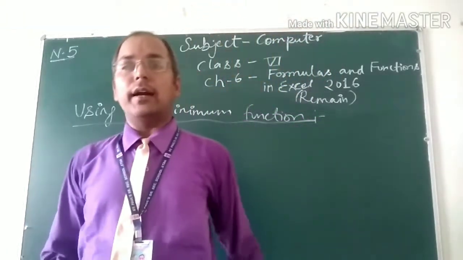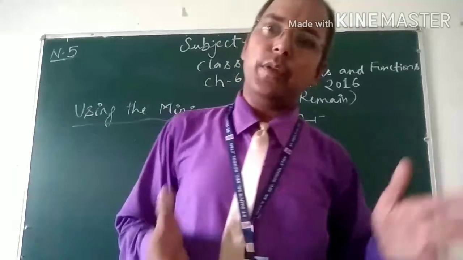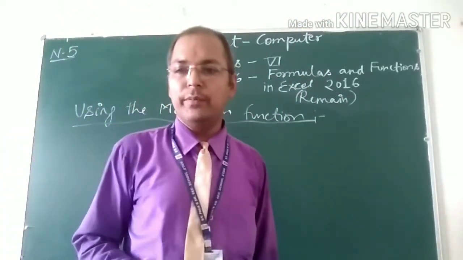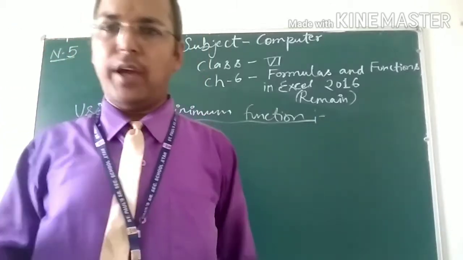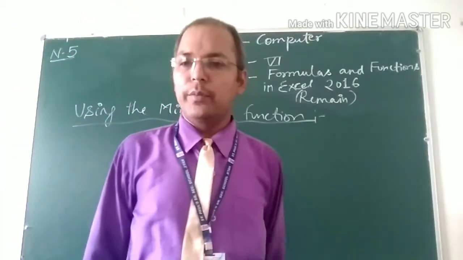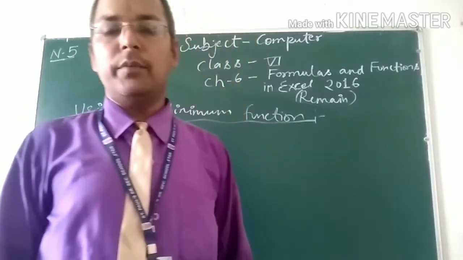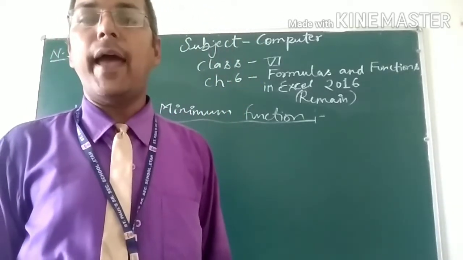So we will start with the same example, the same values. Click on the cell where you want to display the minimum value, the same F10. Click on the auto sum, select minimum from the drop down, select the range of cells, press enter, and the minimum value is displayed in cell F10.